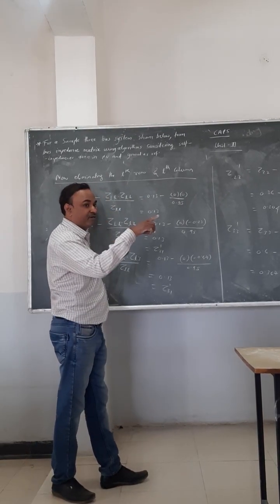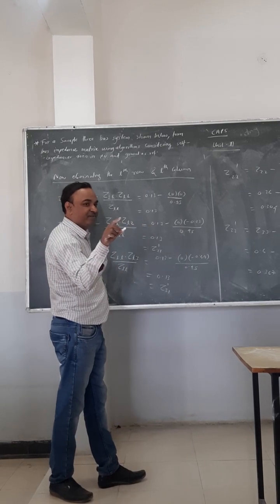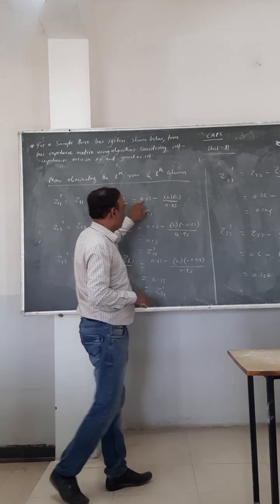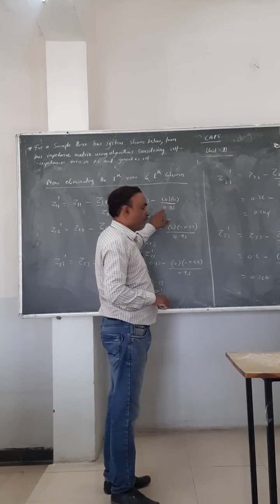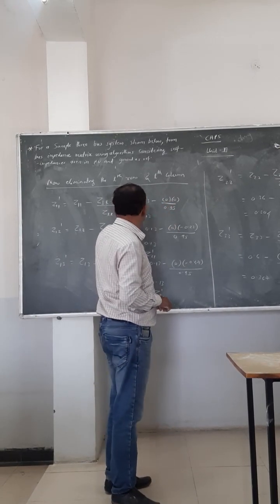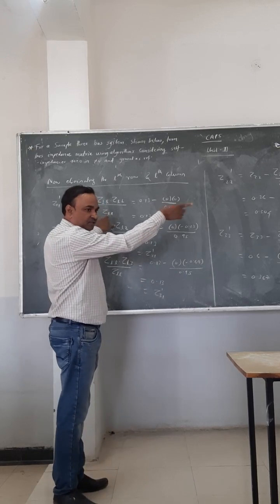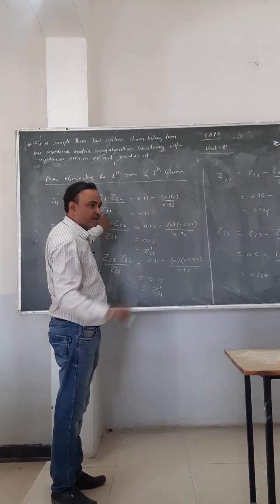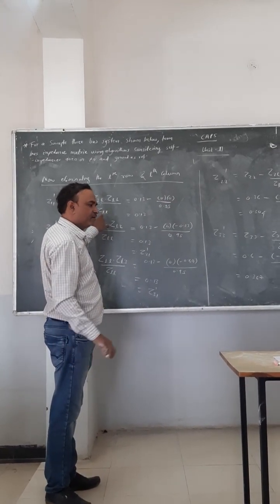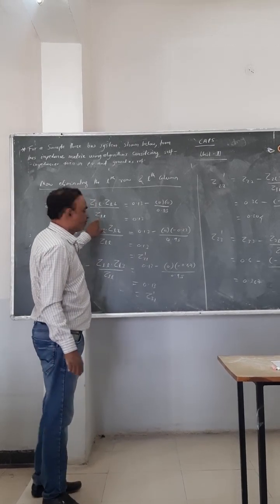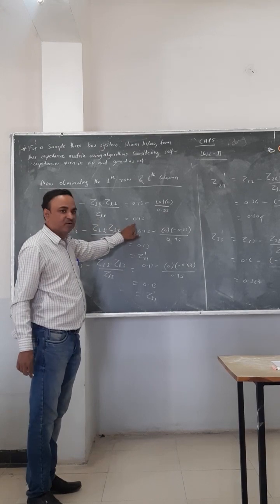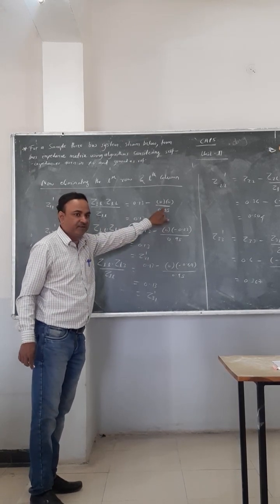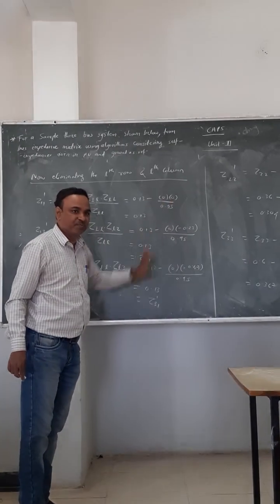What is the value of Z11 from the old matrix? 0.13 minus 0 into 0 upon 0.95. We have taken all the values from the old matrix. Is it clear? So finally we will get 0.13 only, because this is going to be 0.